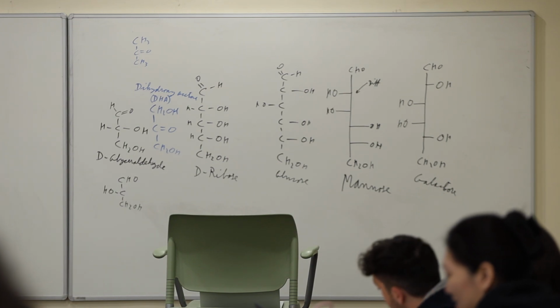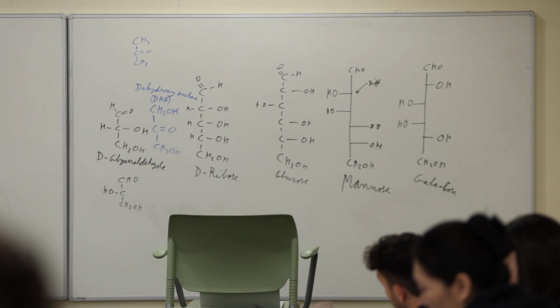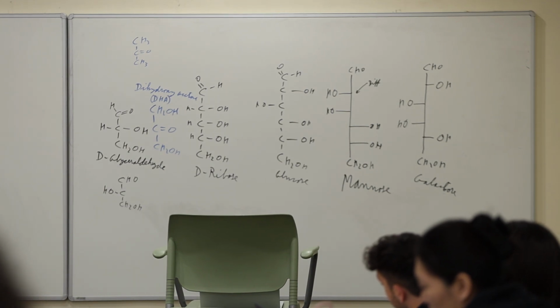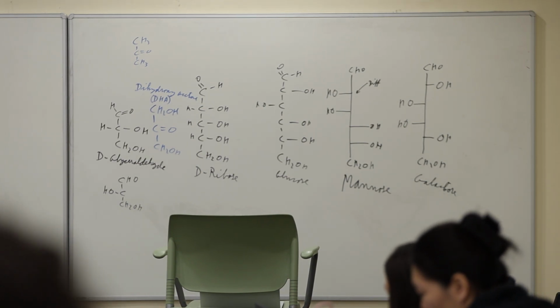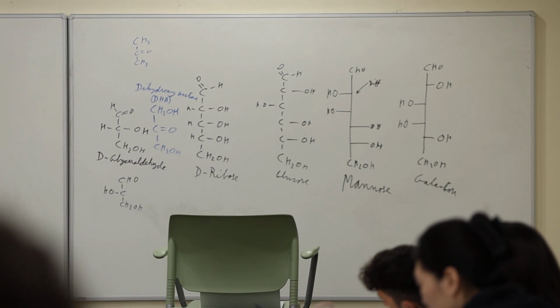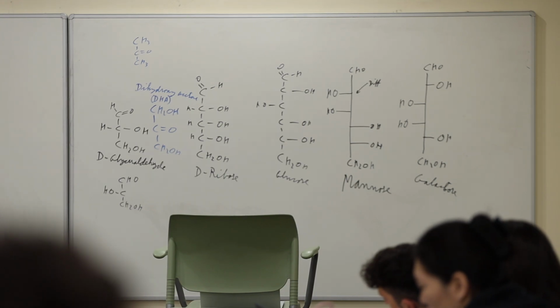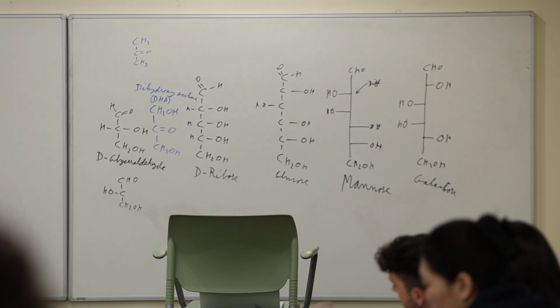The sunlight is captured, and the first substrate of the Calvin cycle, if anyone has studied in biology, is ribulose. But we are not studying photosynthesis in pharmacy, so it's not important for us.